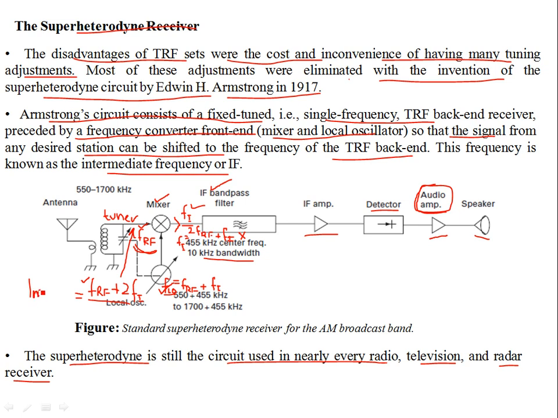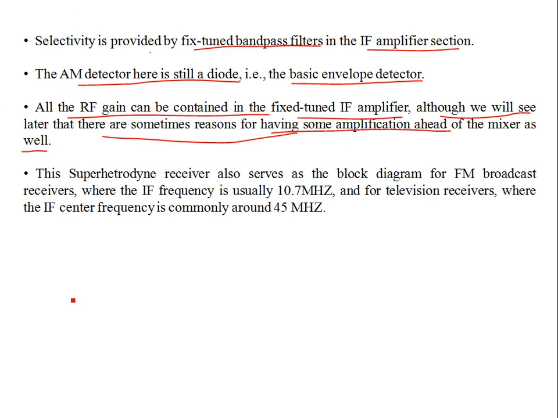Okay, so for rejection of the image frequency, we need a bandpass filter. What this statement is implying is that all the RF gain is contained in the fixed tuned IF amplifier, although we will later see that there are sometimes reasons for having some amplification ahead of the mixer.